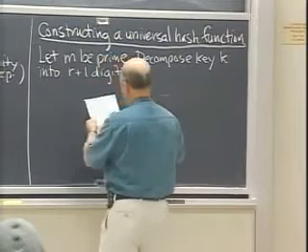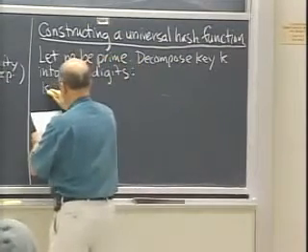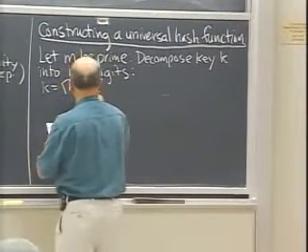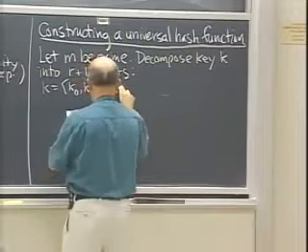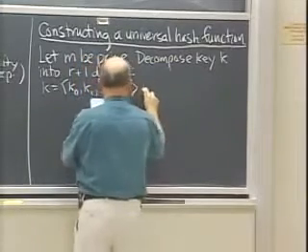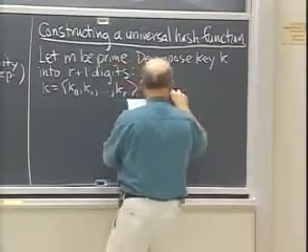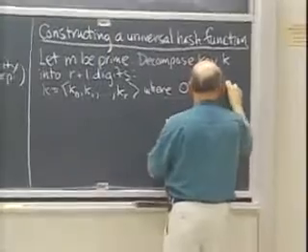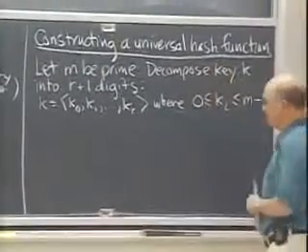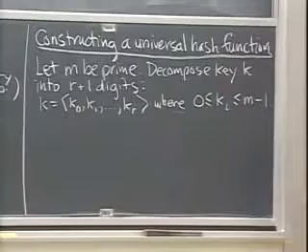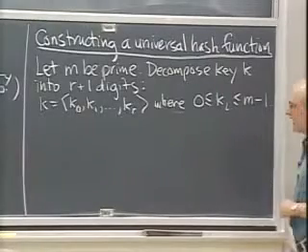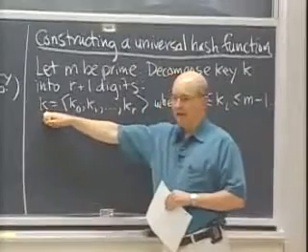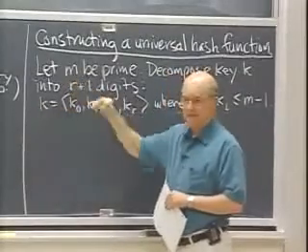So k we're going to look at as being k0, k1, through kr, where 0 is less than or equal to k sub i is less than or equal to m minus 1. So the idea is, in some sense, we're looking at what the representation would be of k base m.